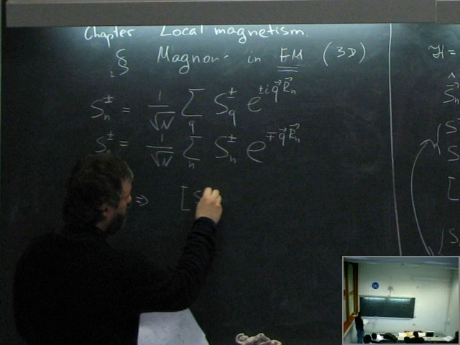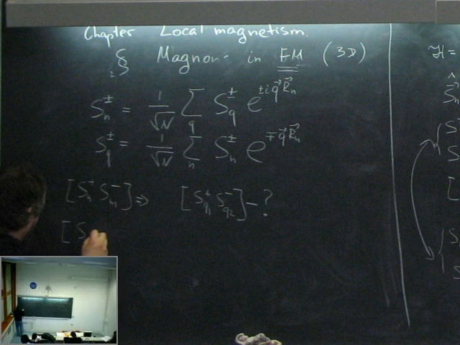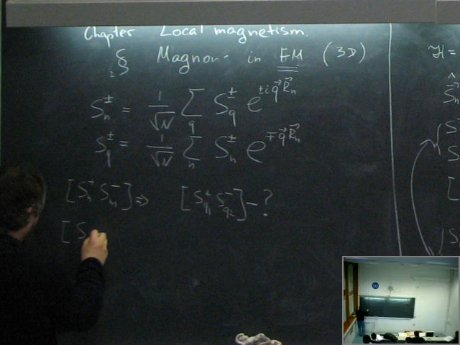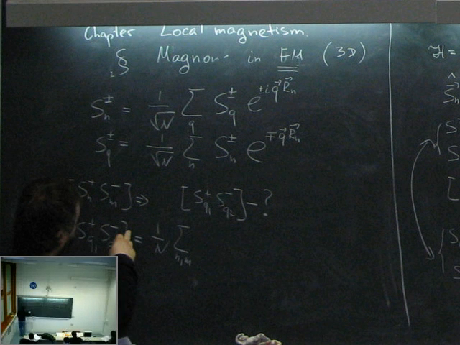So in order to do it, I will calculate this commutator using the rule. It is equal to 1 over N, sum over n, m.